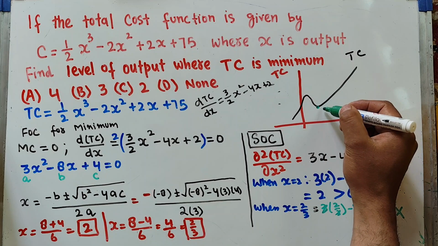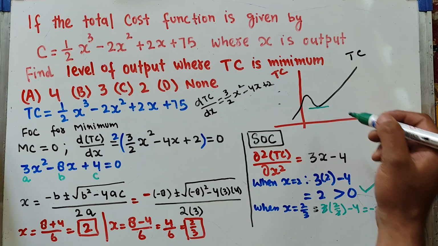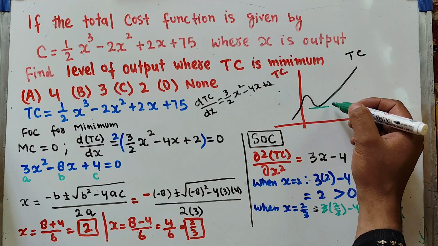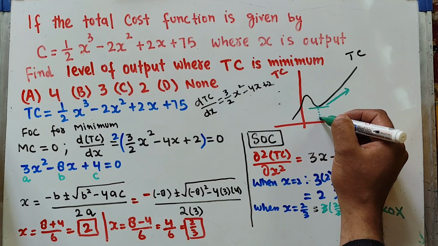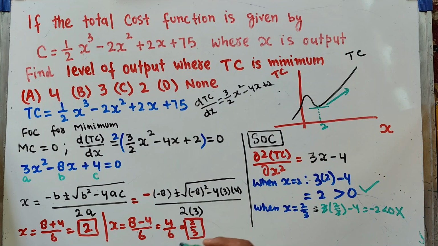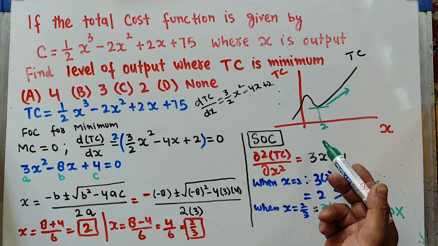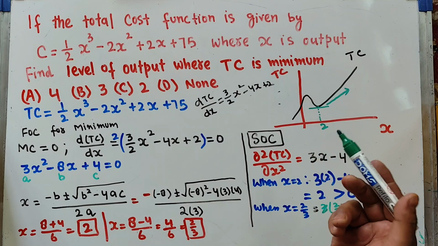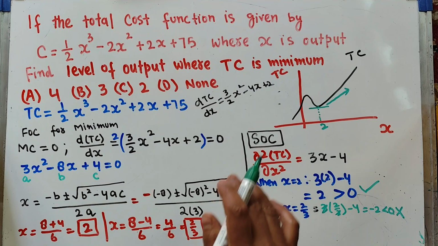At this point you can see the slope is equal to 0 and the second derivative is positive, since it is increasing here. So we can say when x is equal to 2, when the level of output produced is 2 units, we have the total cost minimum.